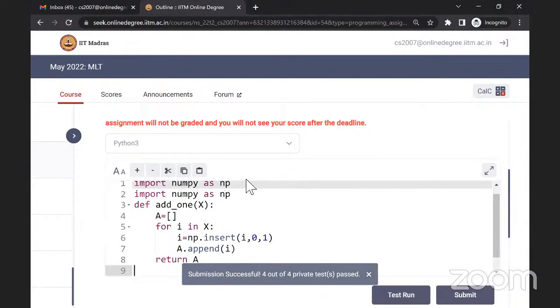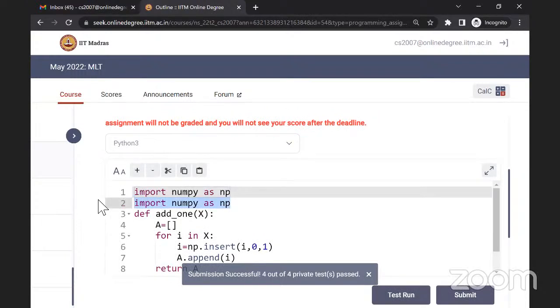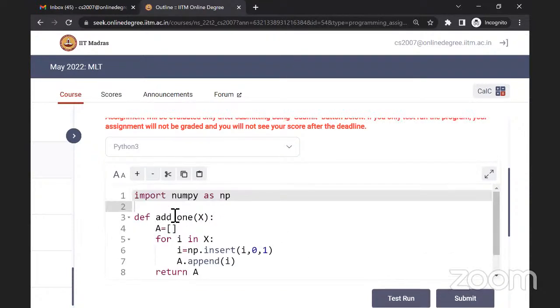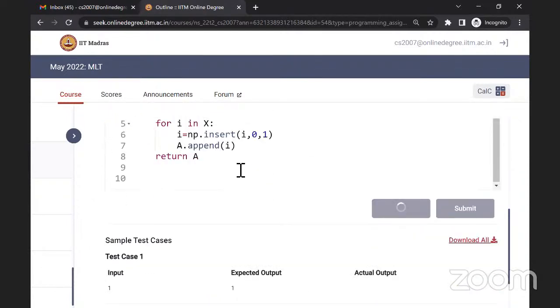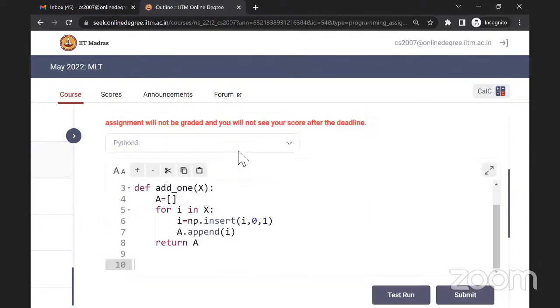So Suyash, it seems like you are not using NumPy column stack. You use numpy.insert: for i in X, i is equal to numpy.insert(i, 0, 1), then A.append. I'm not sure, but it should pass all the test cases. Okay, it is passing all test cases.